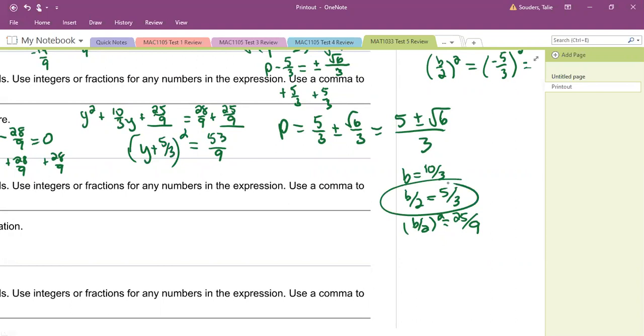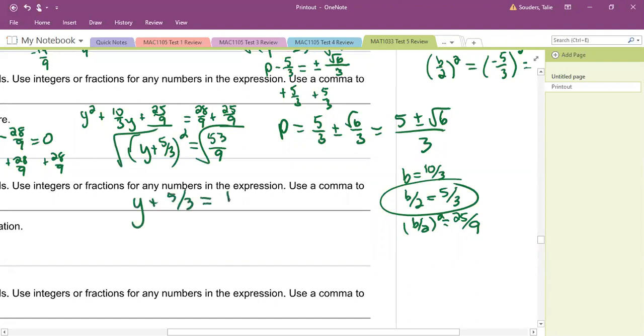Okay, how would you finish out this problem? Square both sides. Take the square root of both sides. So now you have y plus 5/3 equals plus or minus. The square root of 53 does not simplify, but what is the square root of 9? 3. So it's very similar to the last problem, right?